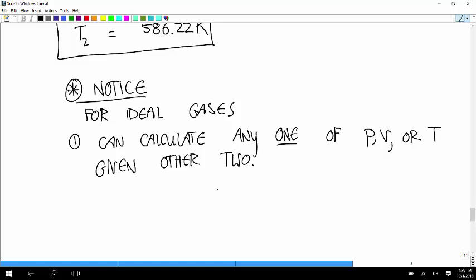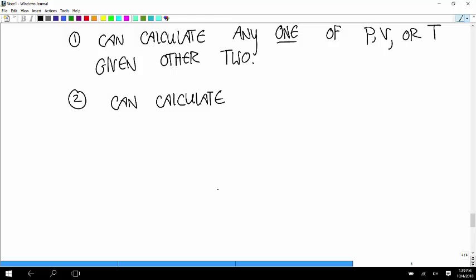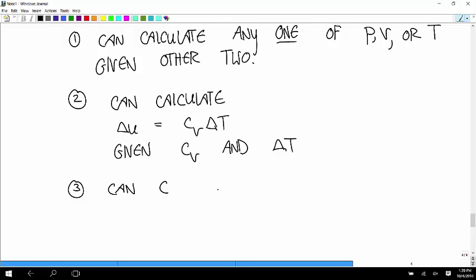Second, we know that we can calculate delta U, the specific internal energy, as CV delta T. And third, we know that we can calculate CV or CP.